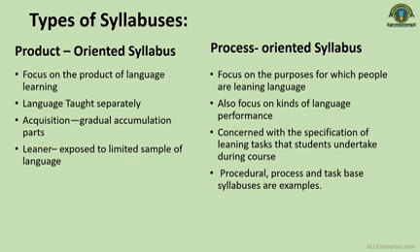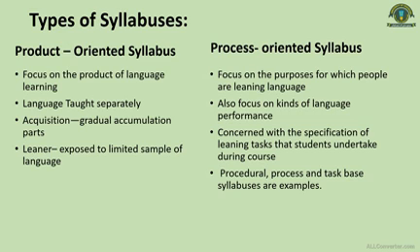So in that type, the main focus is on the purpose of the people learning the language and also on the kinds of language performance. These syllabuses also developed as a result of a sense of failure in product-oriented courses to enhance communicative language skill. It's a process rather than a product.